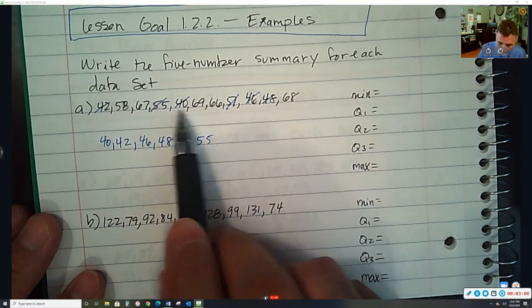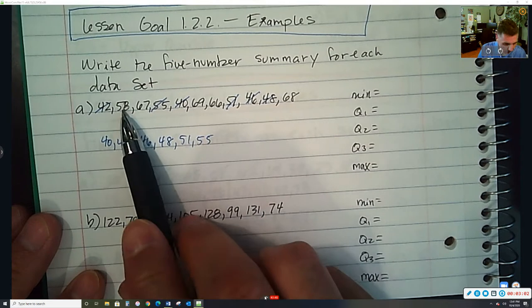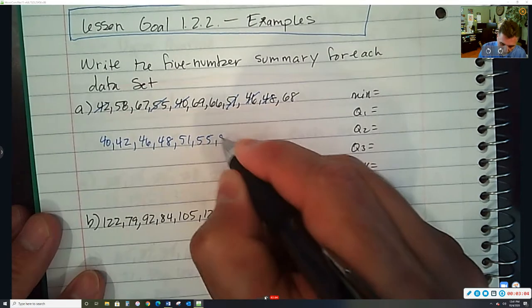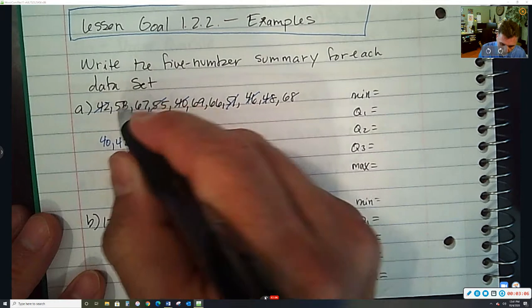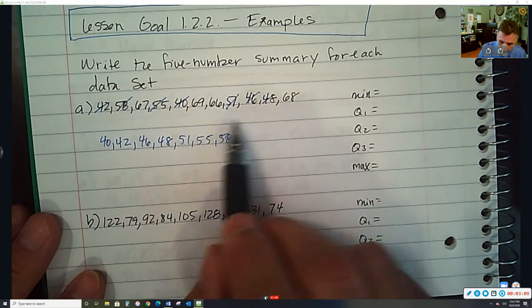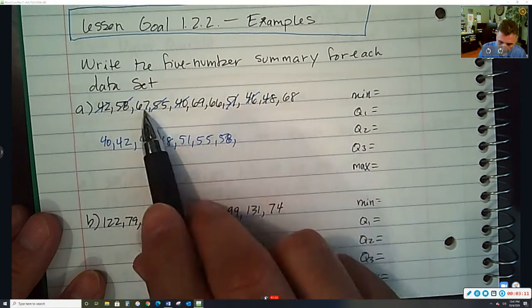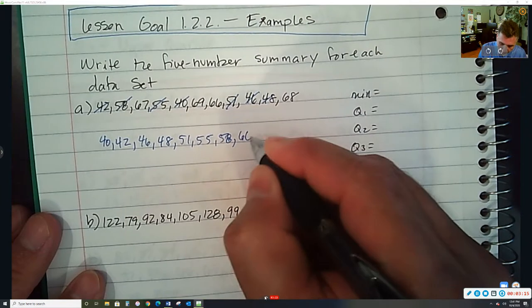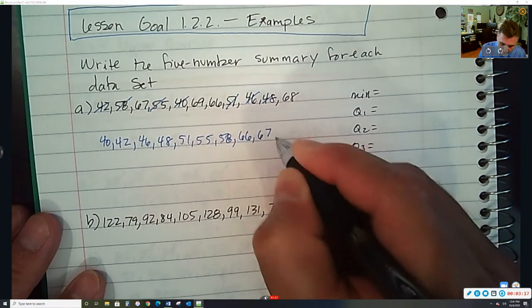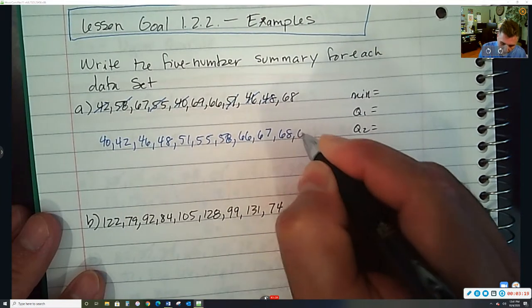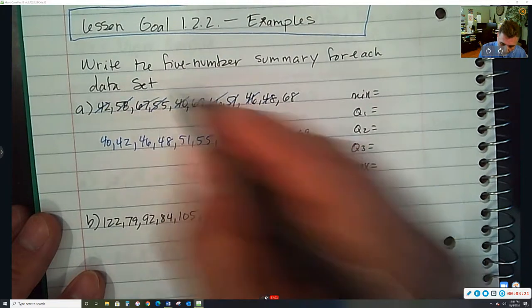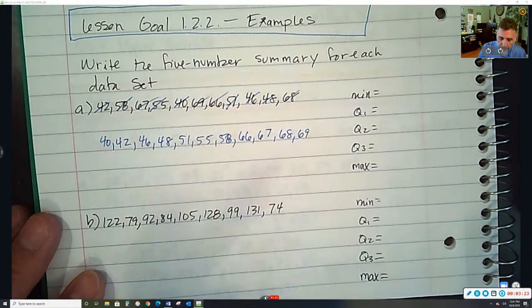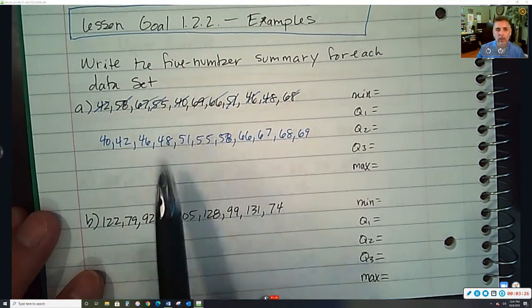I know there's more 50s. Okay, 58. And then jump to the 60s. There's a 66, 67, 68, 69, 66, and then just count them just to verify that you wrote them all down.